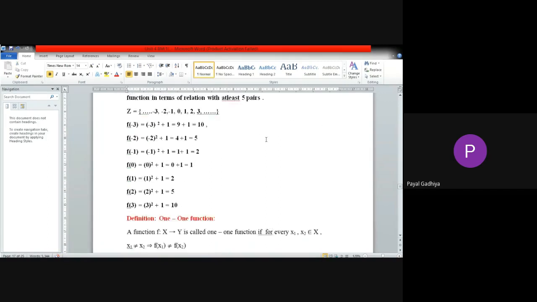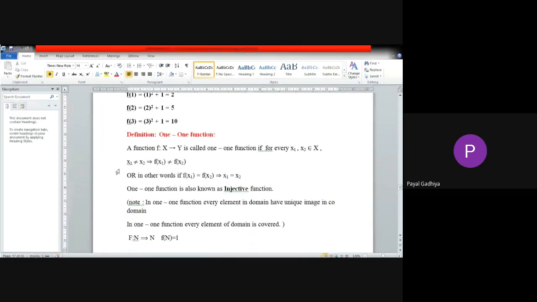So this is not one-one. But one-one is where x1 and x2 are different, and then f of x1 and f of x2 are also different. Or we can say if f of x1 and f of x2 are the same, then x1 and x2 should be the same. Fine. This is another name of a one-one function, which is injective function. In a one-one function, every element in the domain has a unique image in the codomain. Fine.